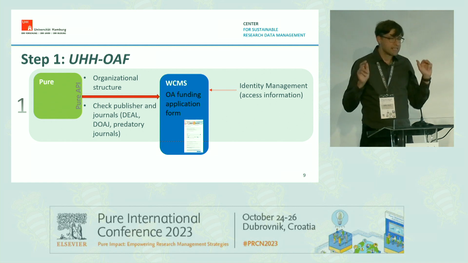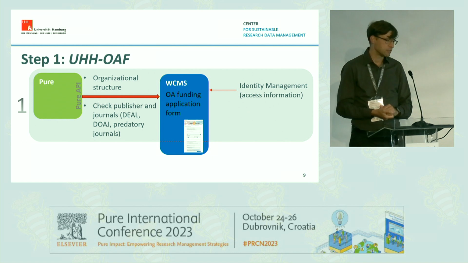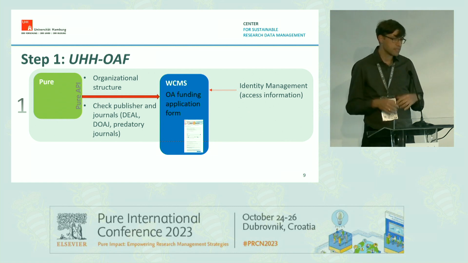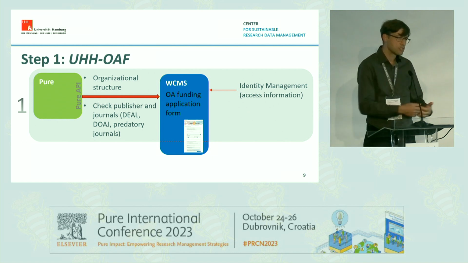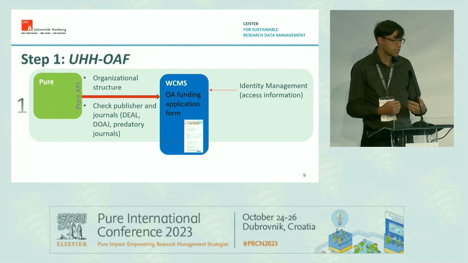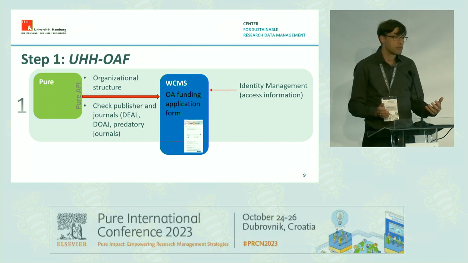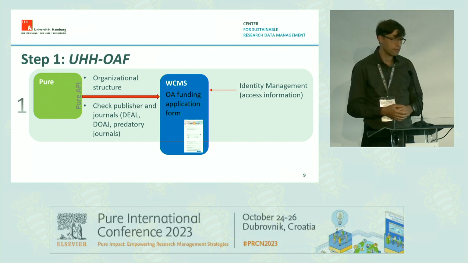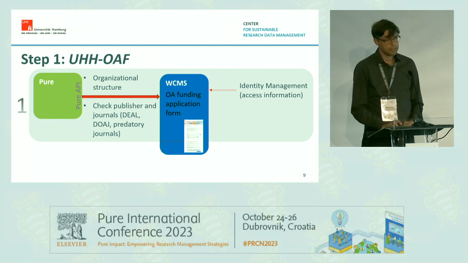Then we, let's say, expect that this is not a serious journal. We say when it's on the list, it's a serious journal, and when it isn't included, then maybe it's a predatory journal. This is such a simple check for us. I mean, it's maybe not the best check, but as a first guess, we use this, and therefore we get the publisher and journal information from Pure.